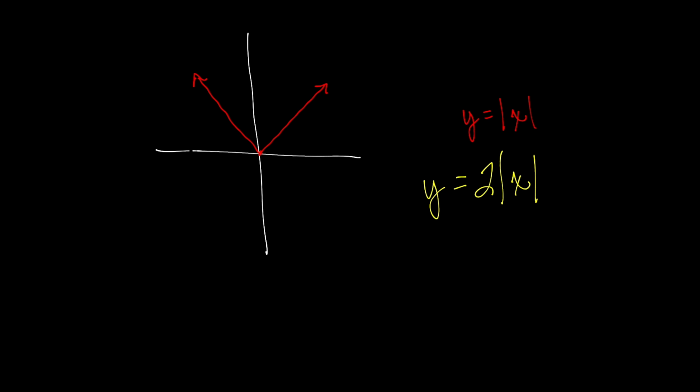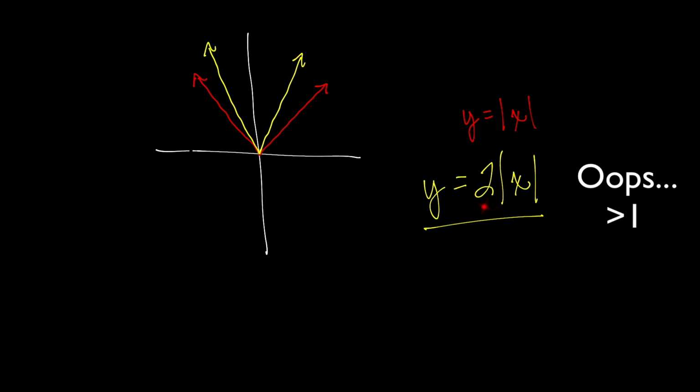It would graph something like this. It's a rough sketch, but you get the idea. So what's happening is this yellow function is being stretched vertically. So a number outside of the function that is bigger than 1 is going to stretch it vertically.